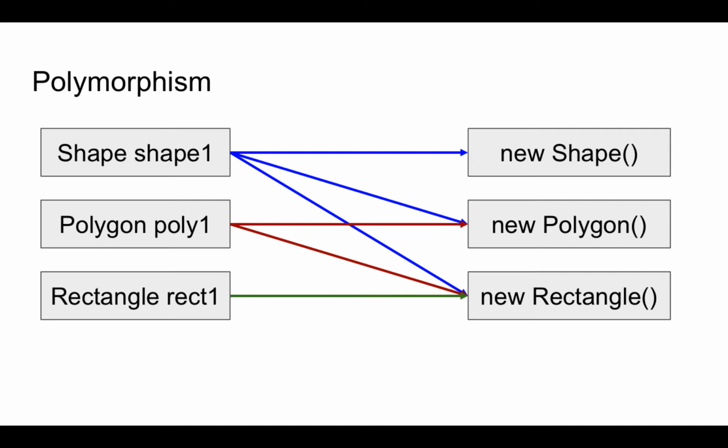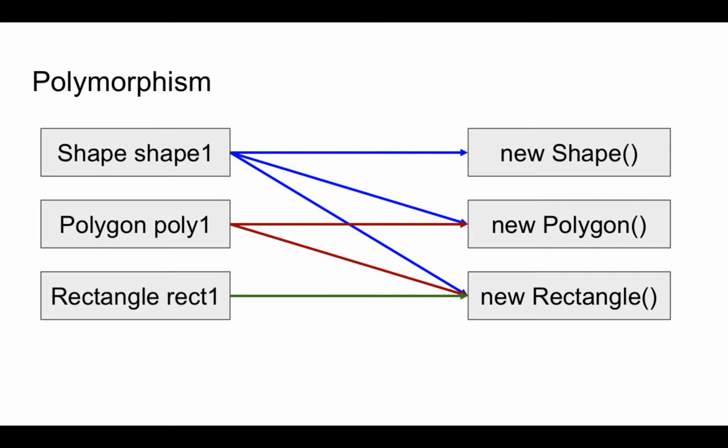Another example of a shape would be a circle, and a circle is not a polygon. On the very last line, we've got our rectangle reference variable, and we can only use this to reference objects of the rectangle class, because a polygon is not necessarily going to be a rectangle, and a shape is also not necessarily going to be a rectangle.